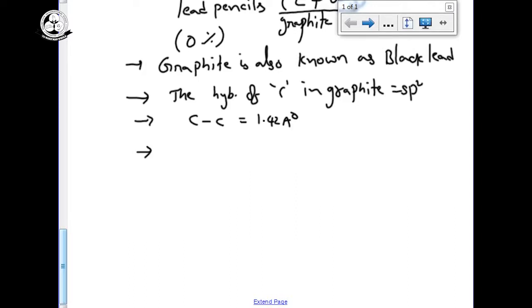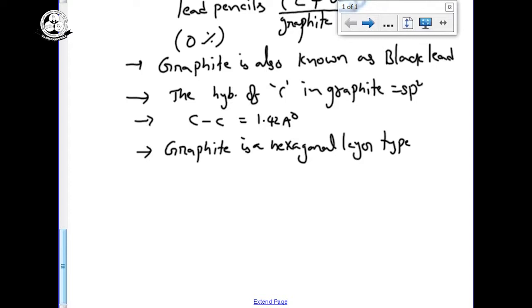The arrangement of graphite, as I already told you, is a layer type of arrangement, a hexagonal layer type of structure.